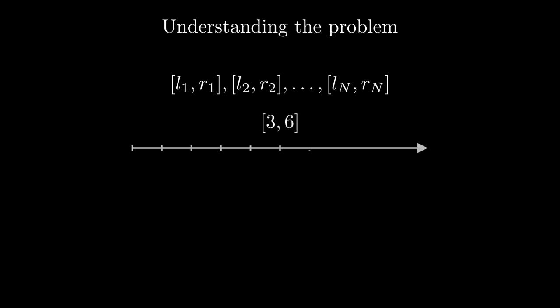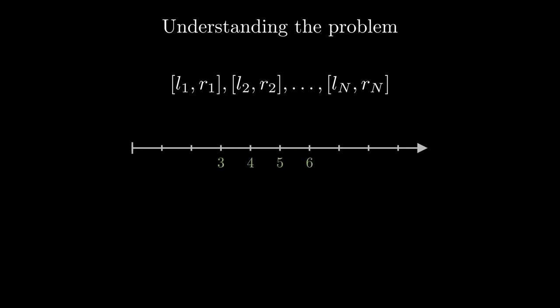Alright, I hope all of you have read the problem and somewhat got an idea of what Chefina wants. Now, let's look at it in more detail. We are given a set of n ranges, L1, R1, L2, R2, all the way up to Ln, Rn. A range is basically a pair of numbers which indicates all numbers between L and R, including both L and R. For example, if we have [3, 6], this indicates the numbers 3, 4, 5, and 6.